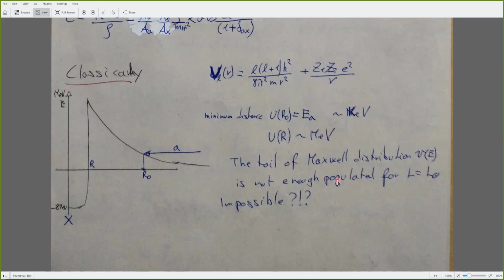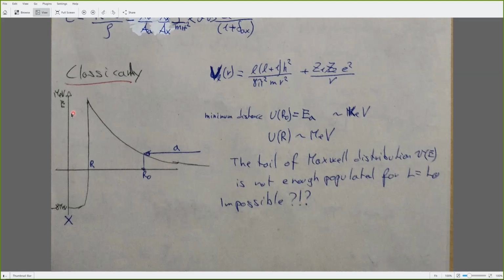It is not enough to have this kind of luminosity for the sun with that mass and that central temperature. So actually, for the classical case, it's impossible.